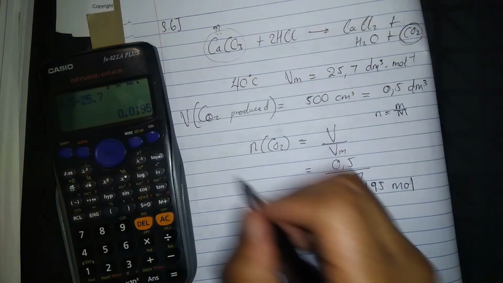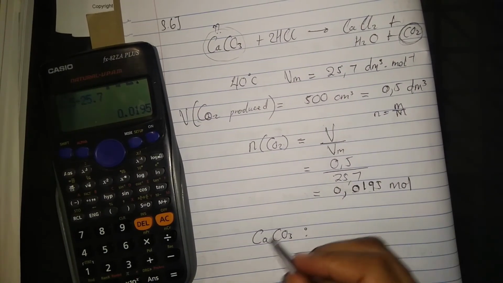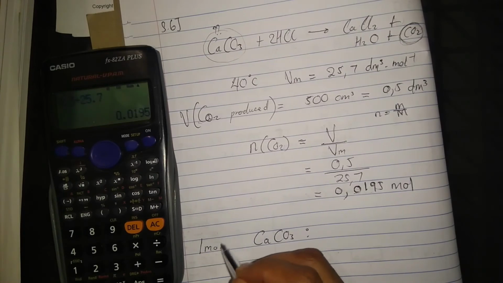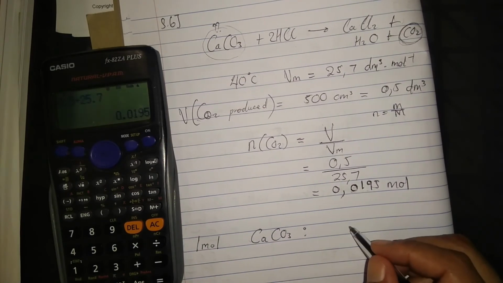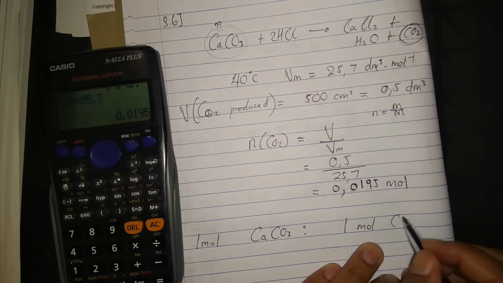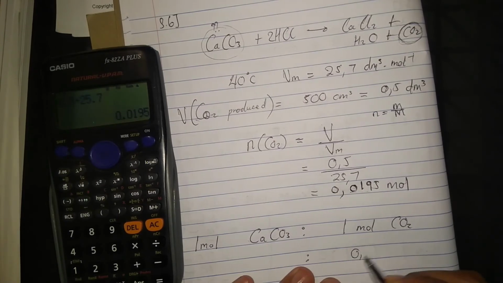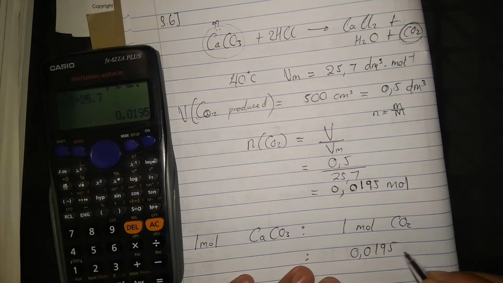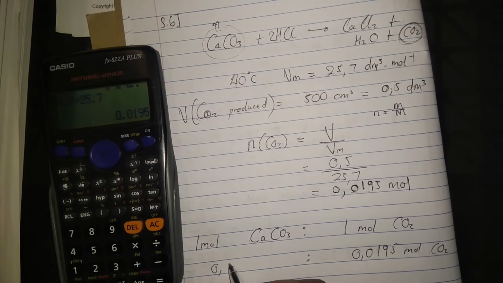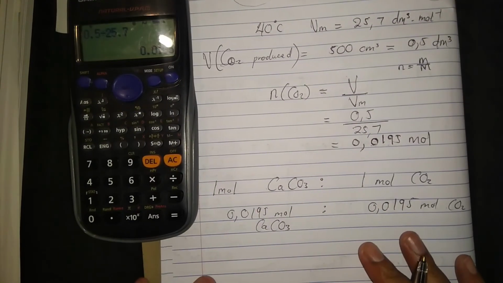So according to the equation, there's a 1:1 ratio. For every 1 mole of calcium carbonate, there's 1 mole of carbon dioxide produced. So if we produce 0.0195 mole of carbon dioxide, it means 0.0195 mole of calcium carbonate should be used.